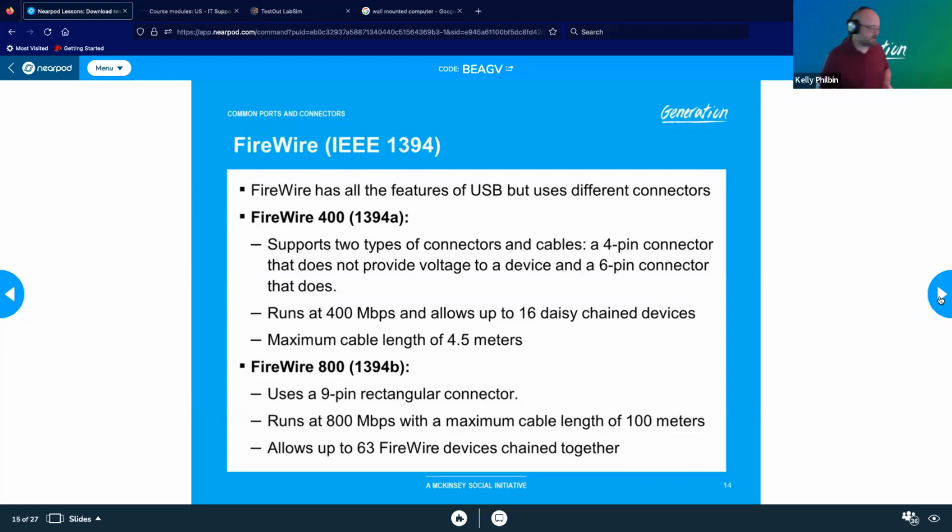It was extremely nice to use, and it allowed you to daisy chain up to 16 drives together if you wished, or devices. And they had the 400 and the 800 versions. And the number you get is the transfer speed, so that makes it nice and easy. The 800 could chain up to 63, 400, 16.